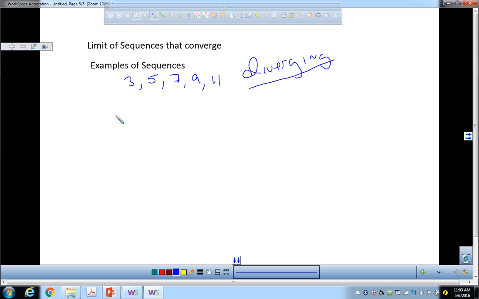Another example of a sequence: -1, +1, -1, +1, -1. Do you think this sequence converges or diverges or neither?